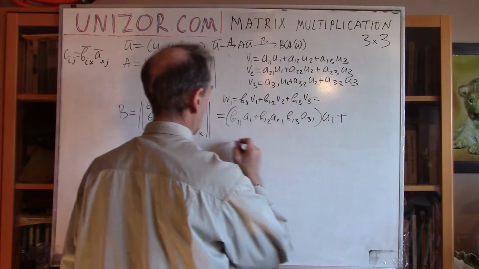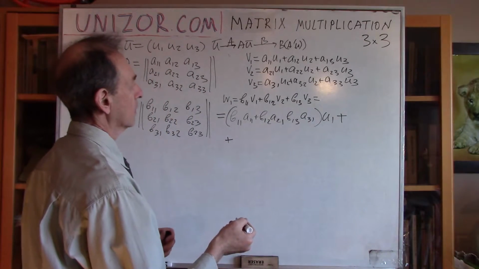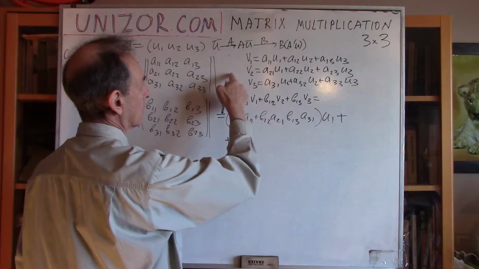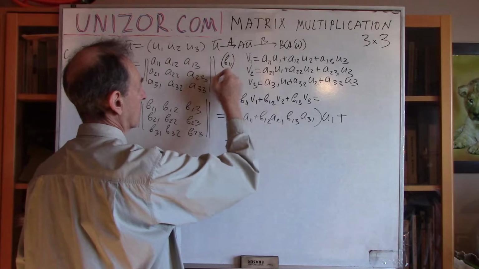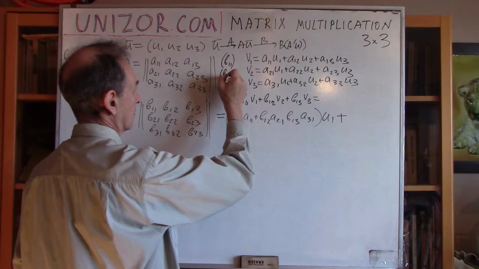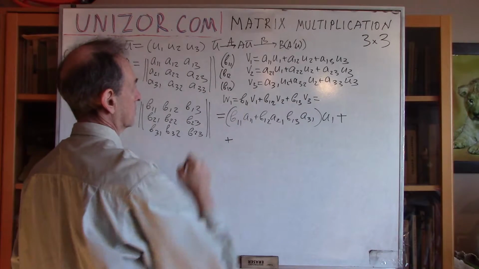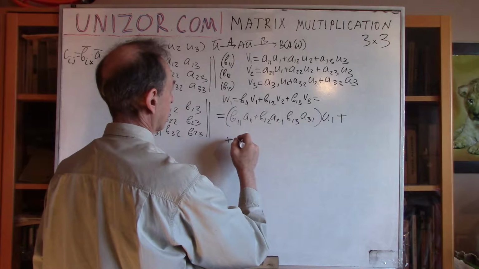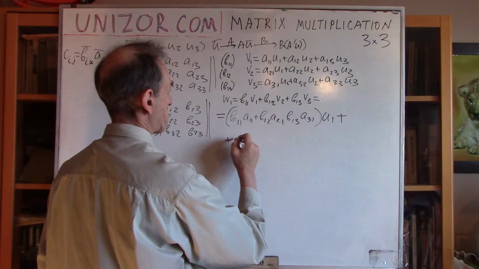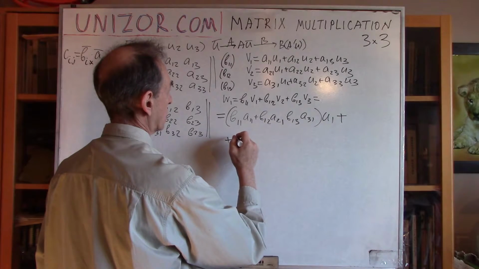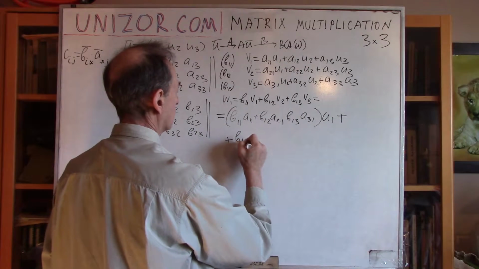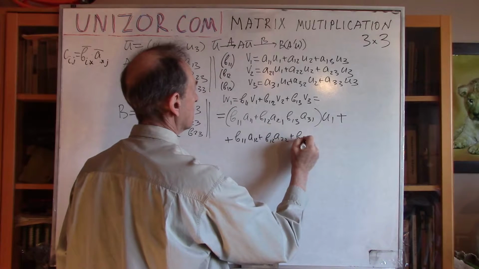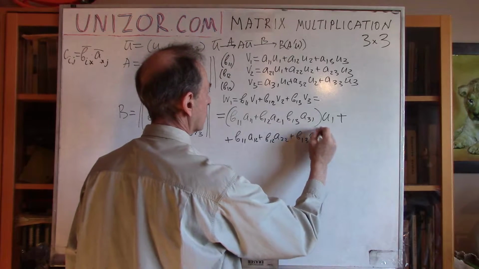Plus. Now let me gather all coefficients at U2. I will have B11 from here, so it would be B11 A12 plus B12 A22 plus B13 A32.